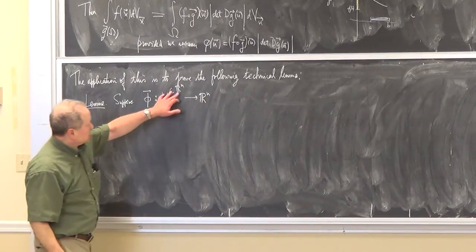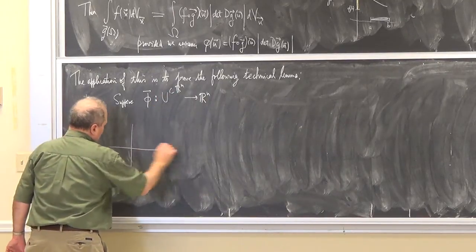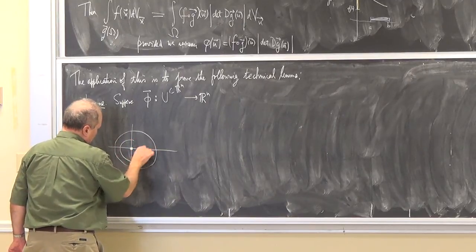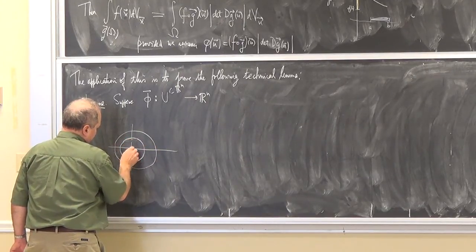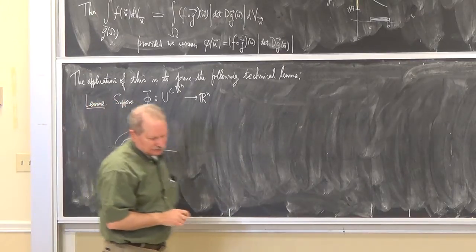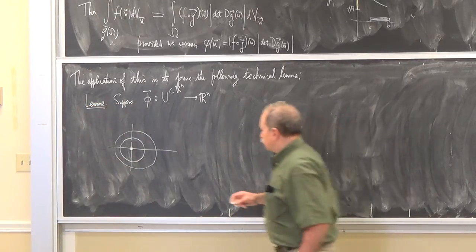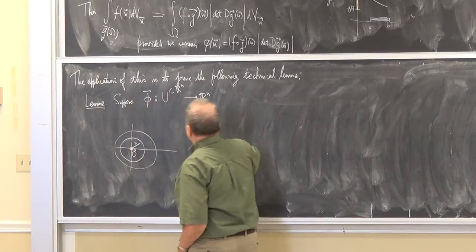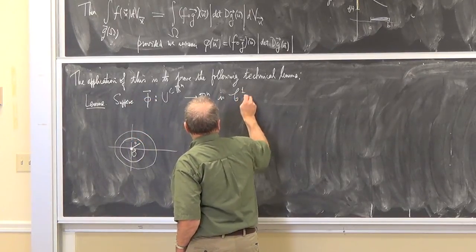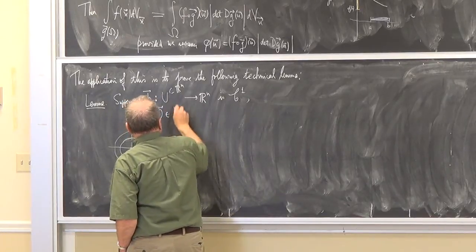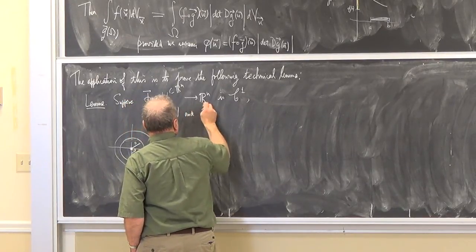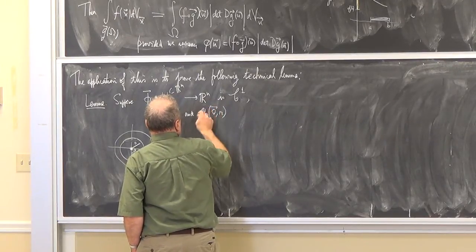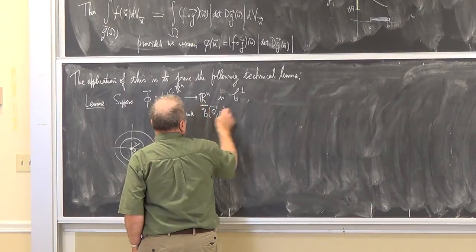So this is the same dimension now. And I'm going to suppose U contains a ball of radius r centered at the origin. Suppose phi is C1, the origin is in U, and the closed ball of radius r centered at the origin is contained in U.